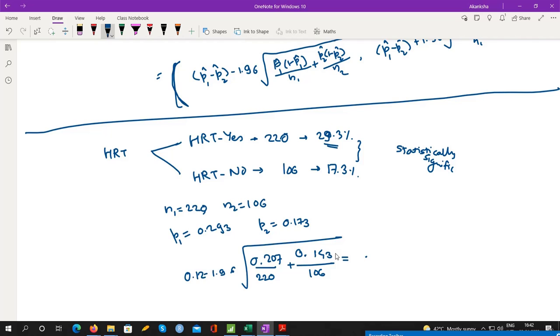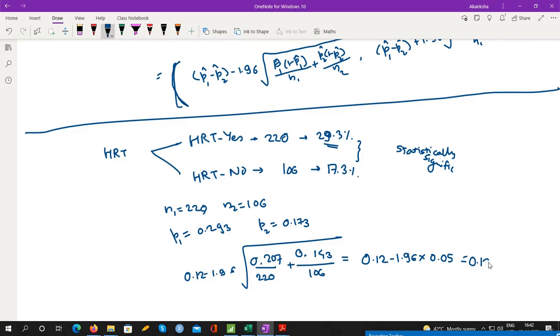So this turns out to be 0.12 minus 1.96 into 0.05 roughly. 1.96 into 0.05 is 0.098.